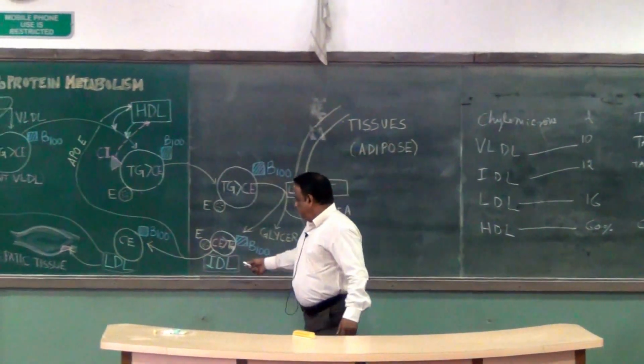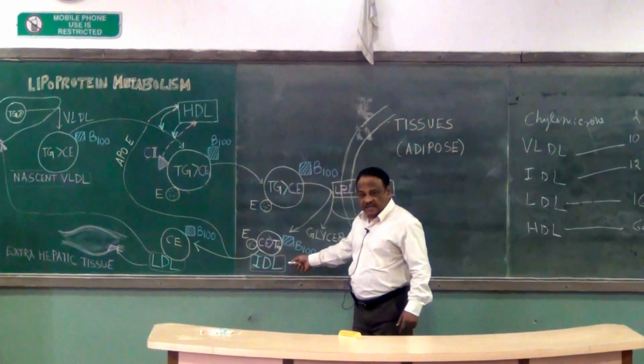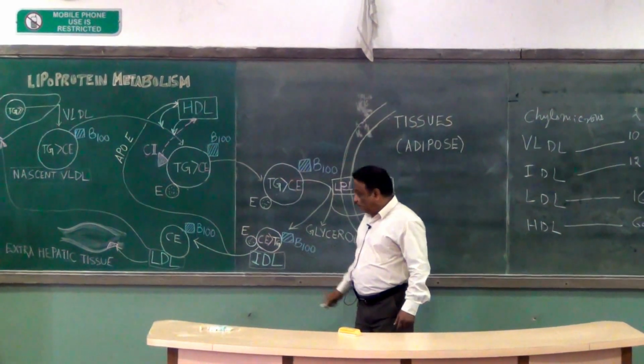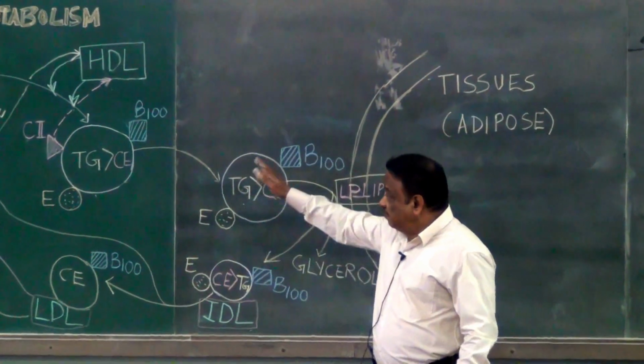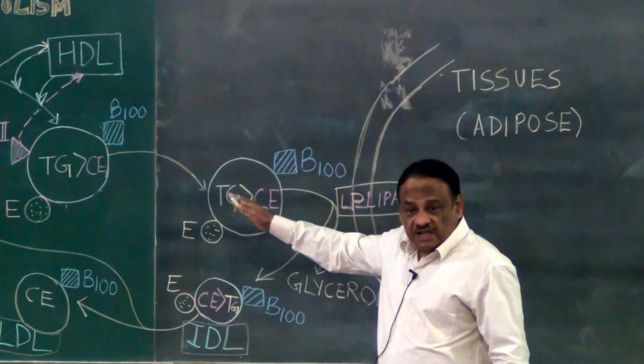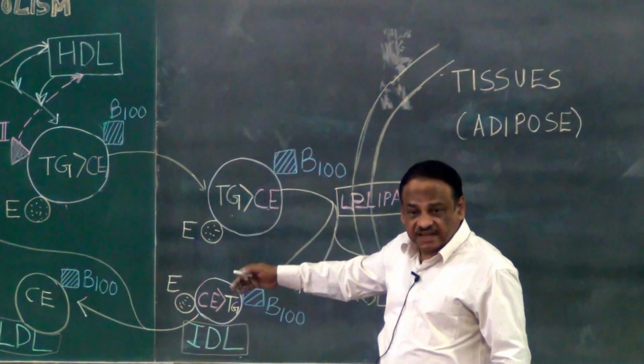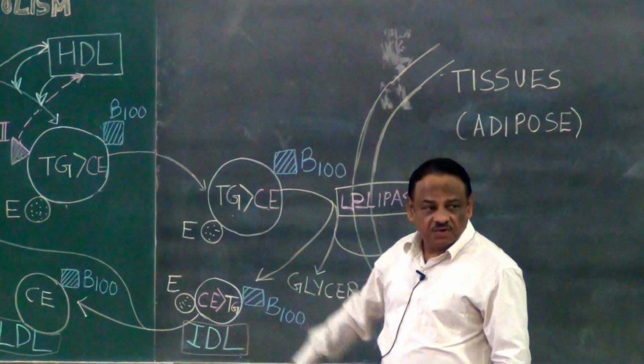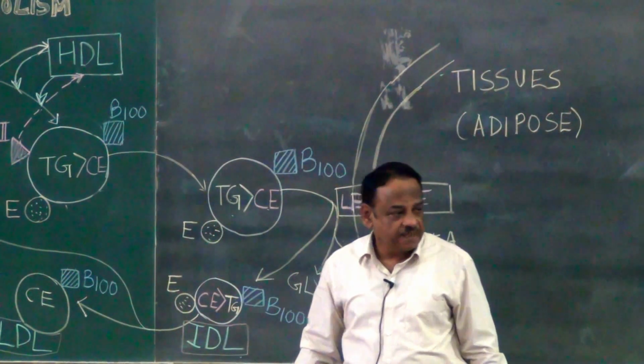So that is intermediate density, because it has become from very low density lipoprotein, the density has actually increased because of the removal of triacylglycerol.